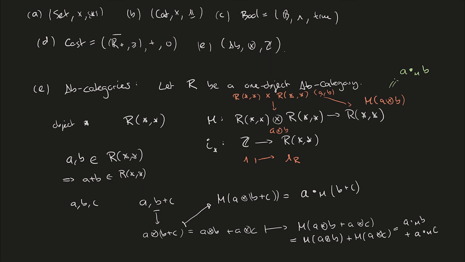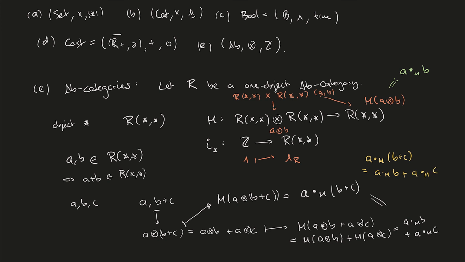But because these elements are equal in the tensor product, their image needs to be equal. So in fact, we have that A times M(B plus C) is equal to A times M(B) plus A times M(C).